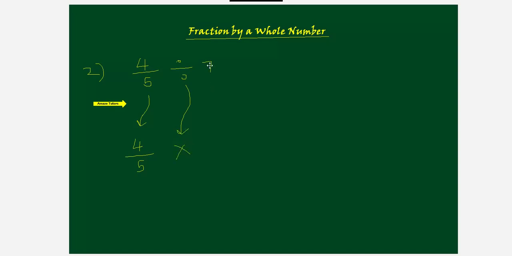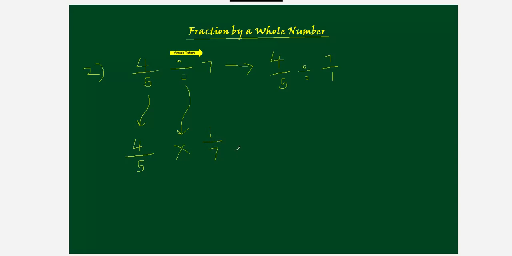Now, any whole number can be written as a fraction with denominator 1. I hope you remember this. All the whole numbers can be written as a fraction with denominator 1. So the question will become 7 over 1. Now flip the 7 over 1, which will become 1 over 7.